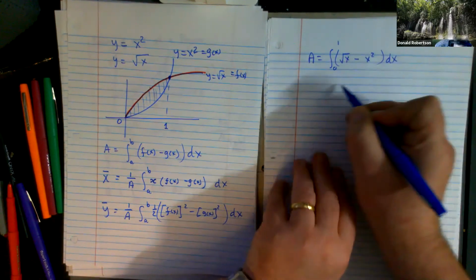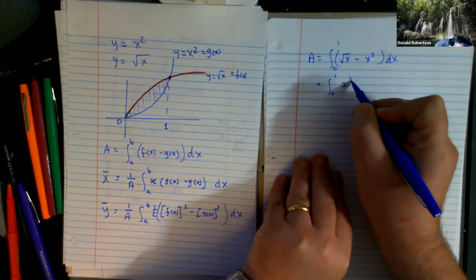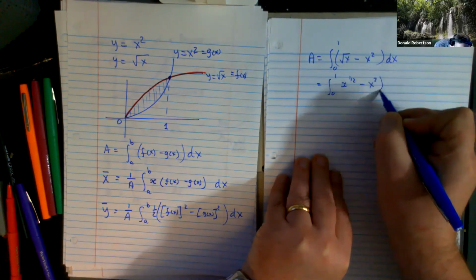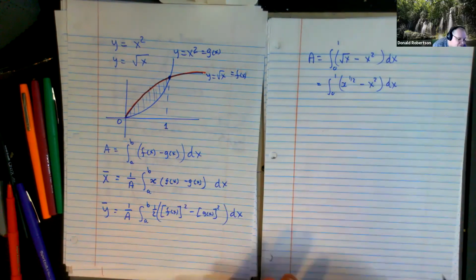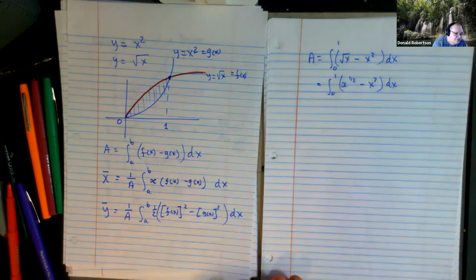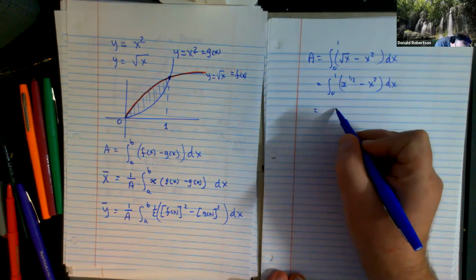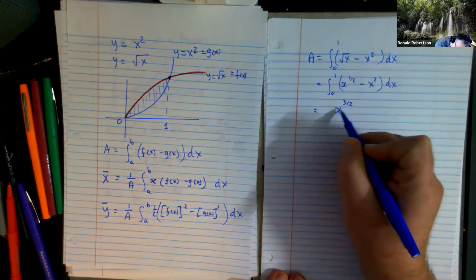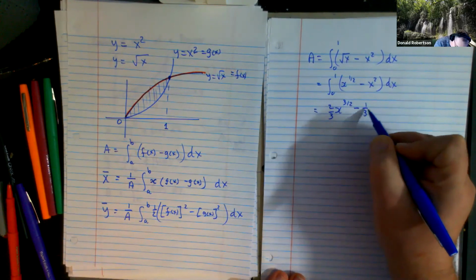So that's going to be the integral from 0 to 1. And probably about the 20th time in our life, we have an x to the half to integrate. Add 1 to the power, divide by the new power.